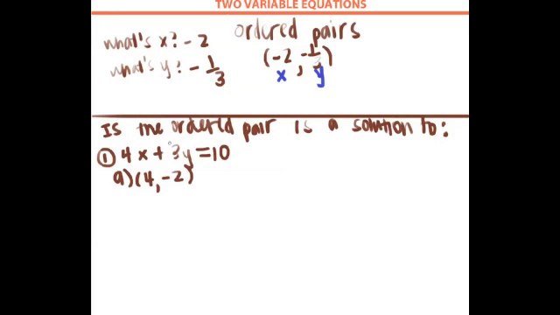This is simple. All you're doing is plugging in, just like we did above. My 4 is x because it's to the left of the comma, and my -2 is y. Everywhere you see an x, you're going to plug in 4, and everywhere you see a y, you're going to plug in a -2, and you hope that it works out.